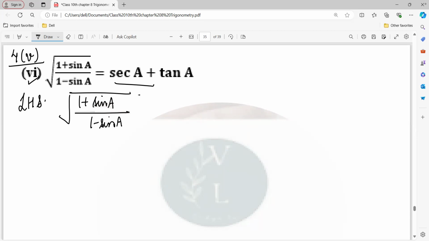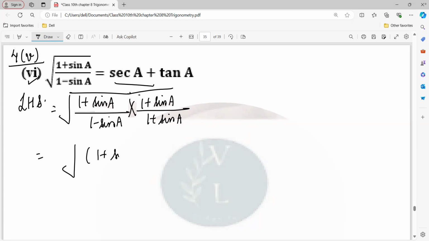For that, we don't want a square root on the right side. So first of all, we'll get rid of the square root. And for that, let's multiply and divide this expression by 1 plus sine A. So we'll get in the square root, 1 plus sine A into 1 plus sine A, 1 plus sine A whole square, and in the denominator A minus B into A plus B, which is A square minus B square, right?